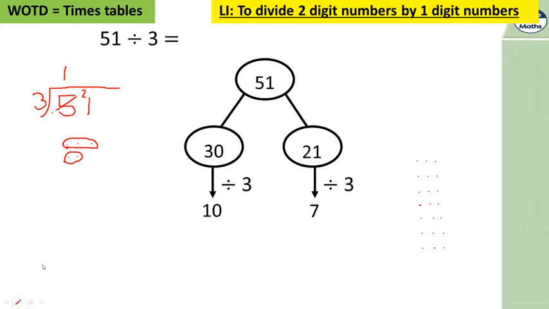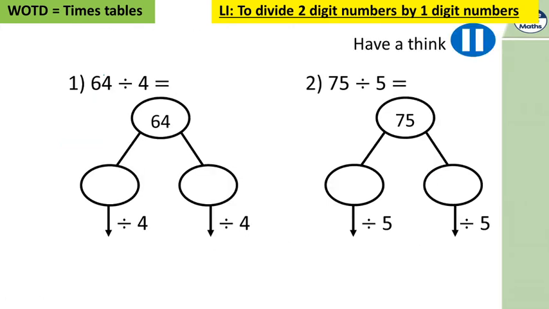Let's just count how many groups we have. So we have 1, 2, 3, 4, 5, 6, 7 groups of 3. So the answer is 17.